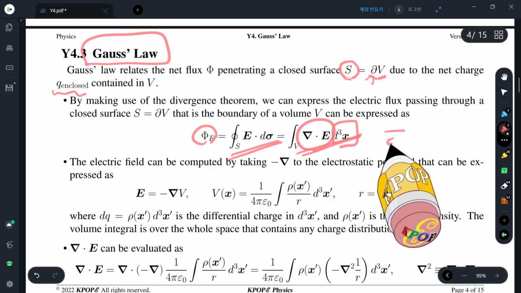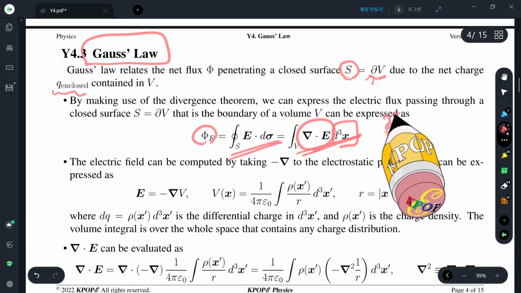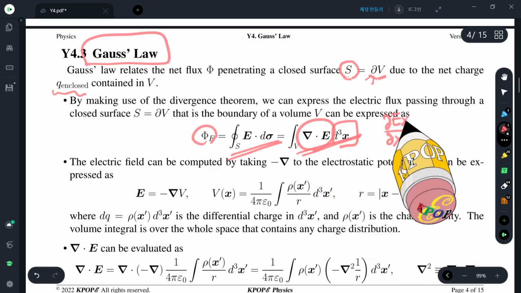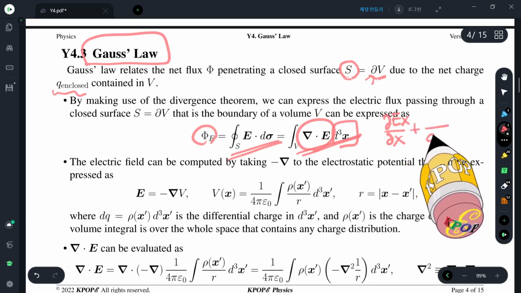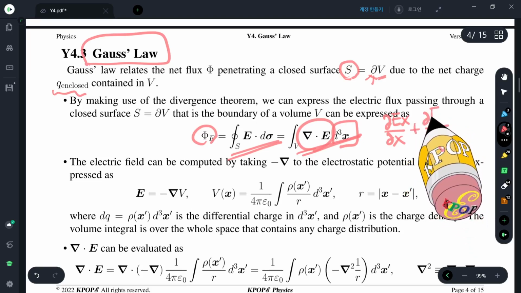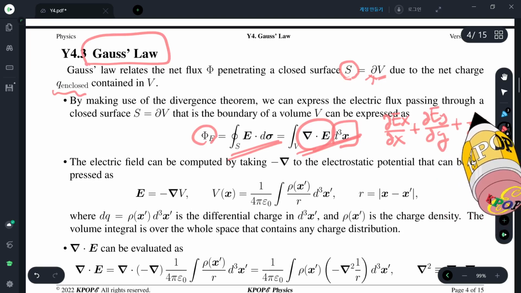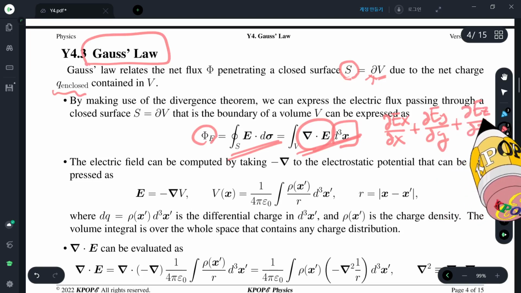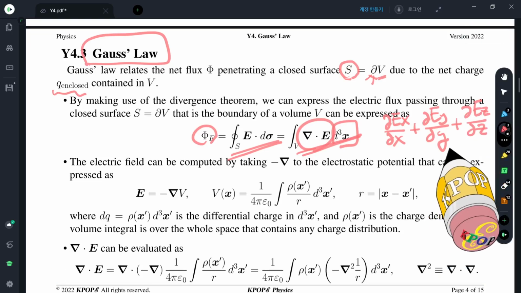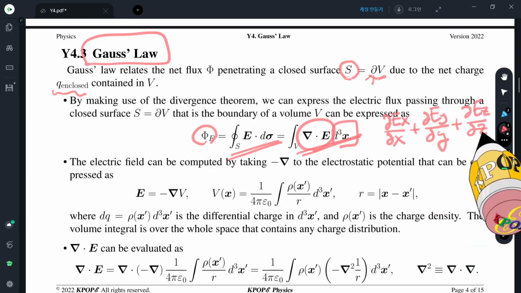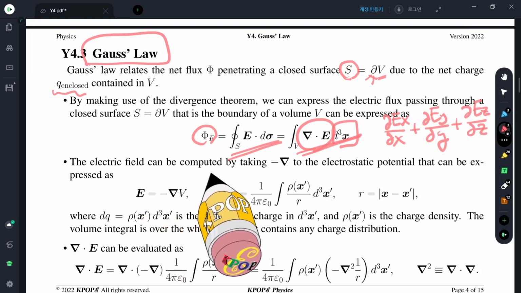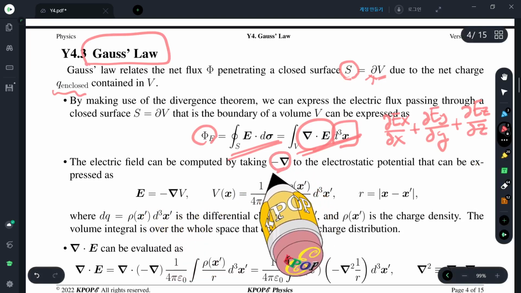What is the divergence? It is the X derivative of the X component of the electric field, plus the Y derivative of the Y component, plus the Z derivative of the Z component. That's it. The electric field can be computed by taking the minus gradient.